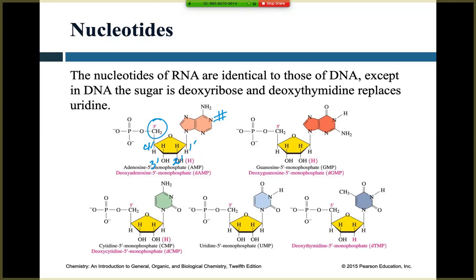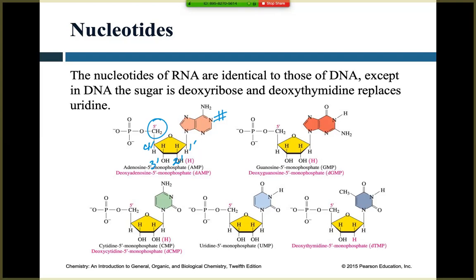We started with normal numbers 1, 2, 3, 4, 5 on the base, because we're talking about the second part of the molecule. We'll call it 1', 2', 3', 4', 5', and that's why we have adenosine 5' monophosphate. This is AMP, there's ADP, adenosine 5' diphosphate, and then probably what most people know is ATP, adenosine 5' triphosphate.